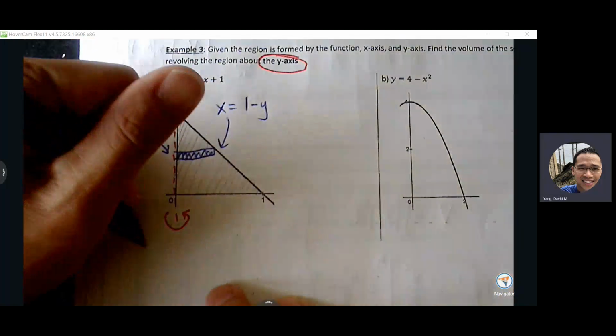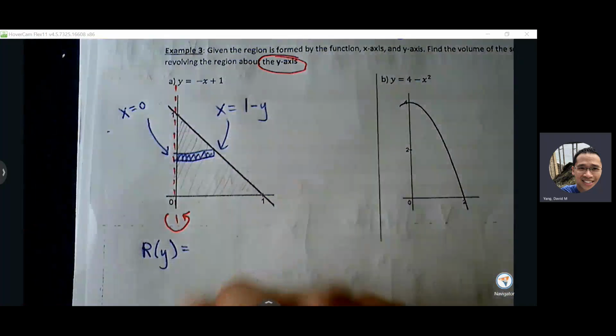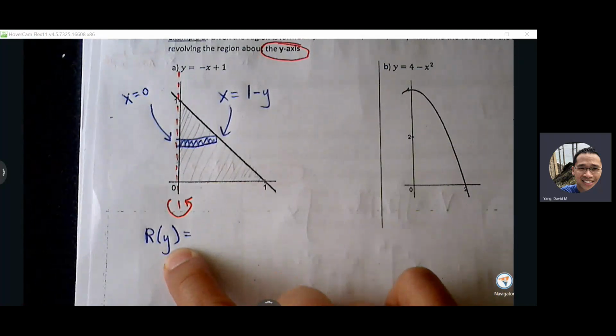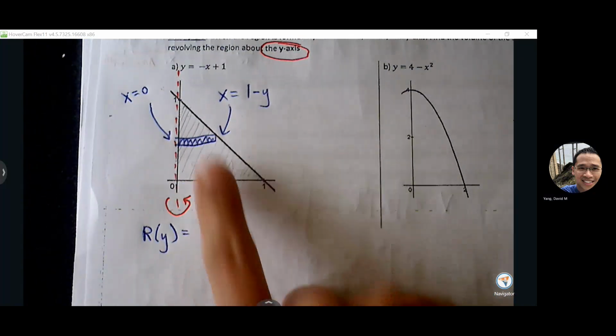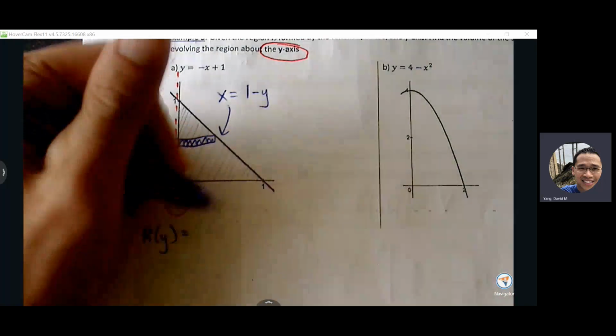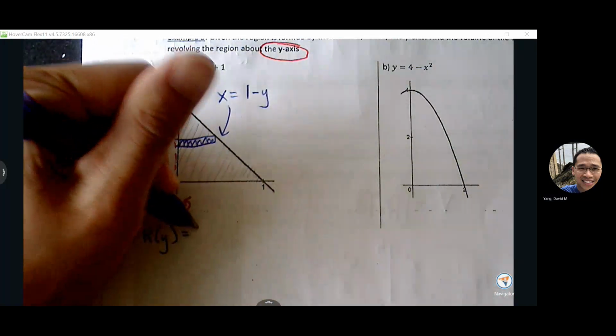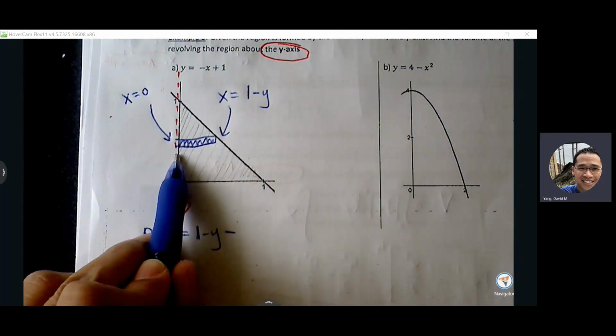Okay, let's build our radius. Now you've got to call your radius a little something different here. We're going to call it r of y because we're finding the radius in terms of y. We'll do right minus left. So the right endpoint of my radius is touching which graph? 1 minus y. Minus the left endpoint is touching the 0.